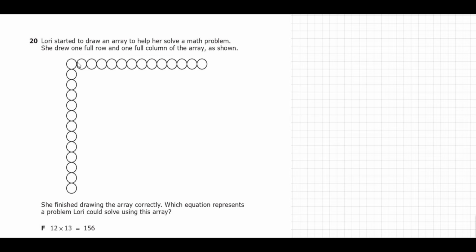Lori started to draw an array to help her solve a math problem. She drew one full row and one full column of the array, as shown. She finished drawing the array correctly. Which equation represents a problem Lori could solve using this array? There are 14 circles in the row, horizontal, and 13 circles in the column, vertical.